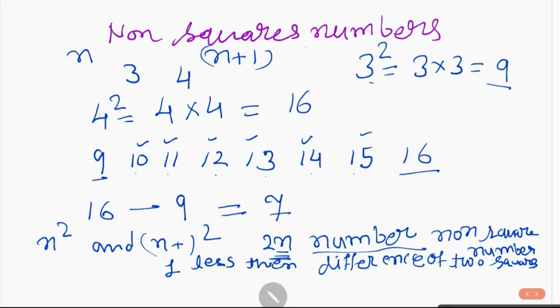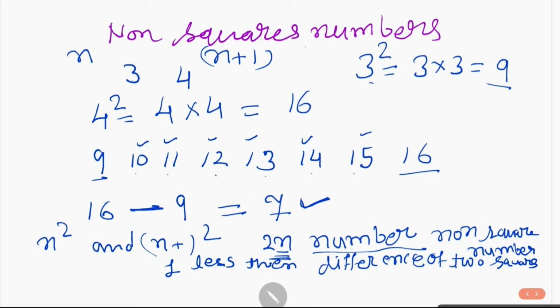So we can see here, we find the squares of 3 and 4 and the difference between them: 16 minus 9 is 7. The number of non-square numbers, those which are not perfect squares, is 6. So 6 is one less than 7.